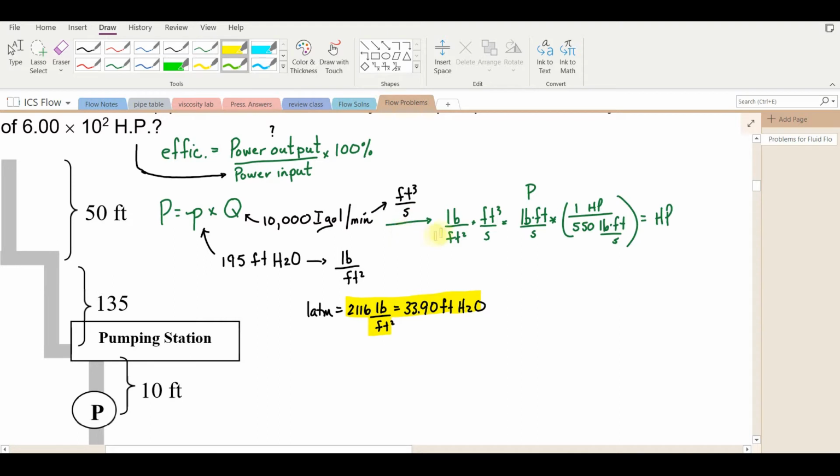Units will be pressure, pounds per square foot, times flow rate, cubic feet per second, which gives you units of pounds feet per second, or foot-pounds per second, which is the unit of power. You want to convert that to horsepower. You divide by 550 foot-pounds per second. You'll get the answer in horsepower. Once you get your horsepower, that will be the output of the pump divided by 600 horsepower, which is the input, multiplied by 100, and you'll get a value, some percentage, that's less than 100%.